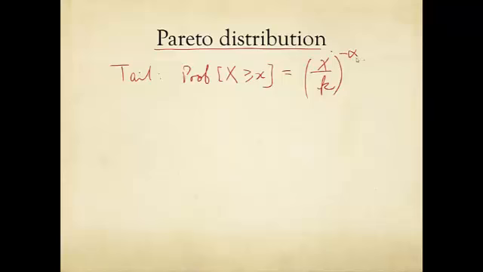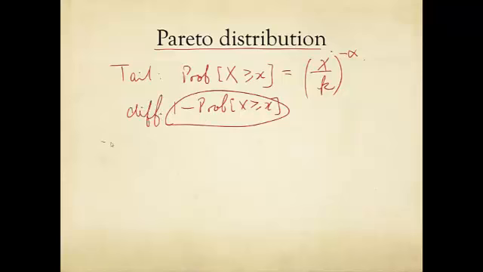We can differentiate 1 minus this tail, which is the cumulative distribution. That will lead us to the probability density function, PDF, for the Pareto distribution.